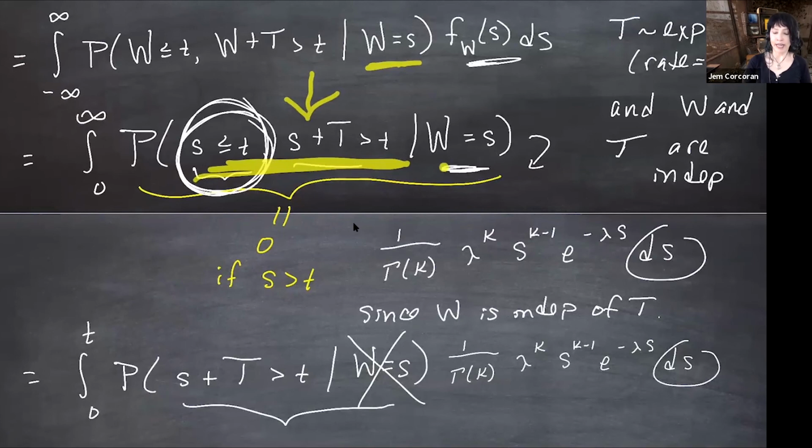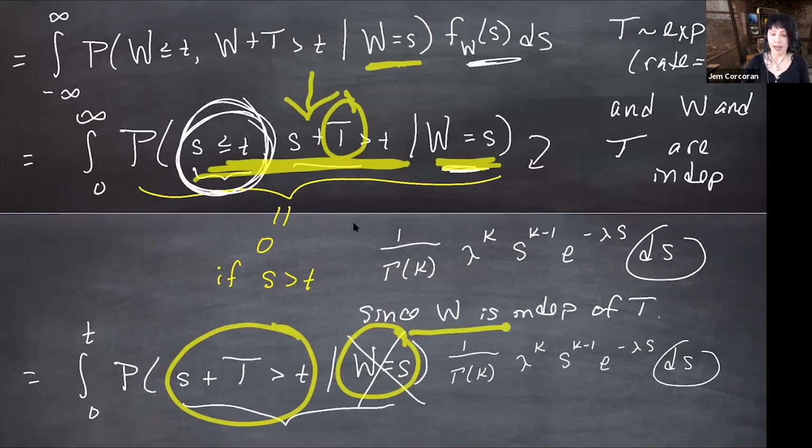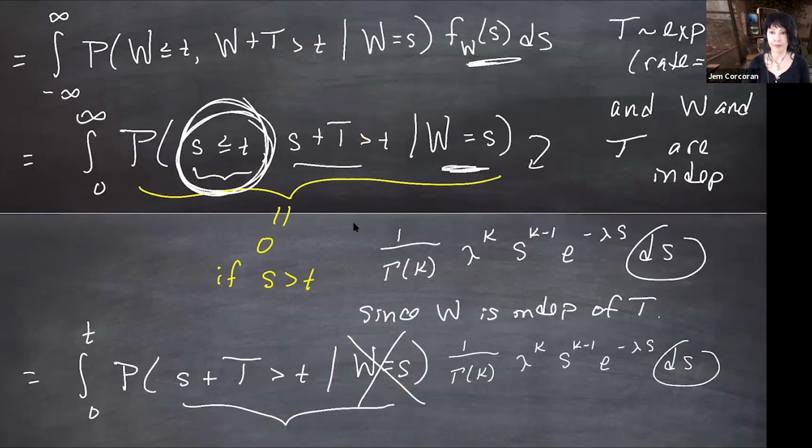But that doesn't mean I get to drop the fact that W is s, because the random variable T in general could actually be dependent on what W is. But I do get to drop the W when I'm computing a probability for T, because W is independent of T.